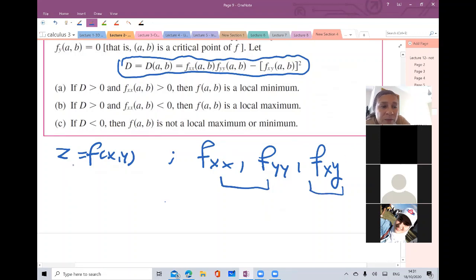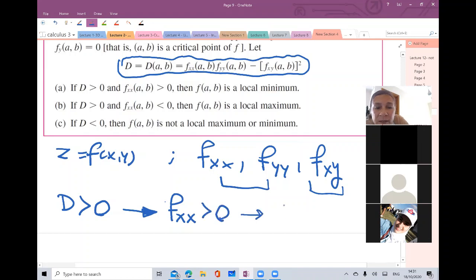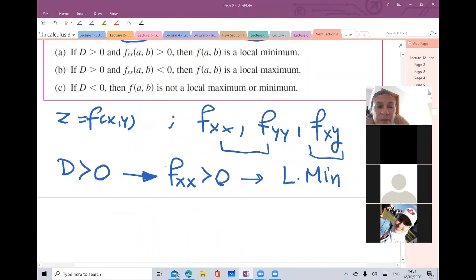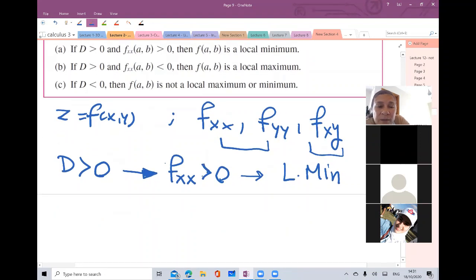If this expression is positive, this is the first case. First case, if I have positive, then what does positive mean? It means I'm going to look at my fxx. If it's also positive, then I have a local minimum, okay? So I need to look at the sign of the second derivative, or the other one, fyy, it doesn't matter.